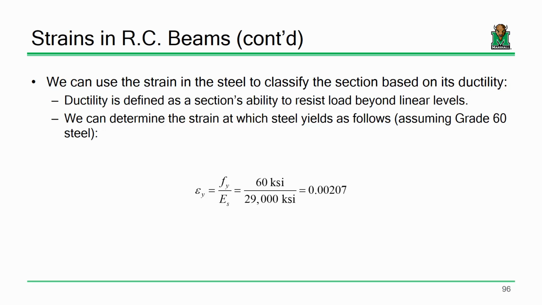Pretty straightforward: just take Fy and divide it by E. If I've got 60 KSI grade steel and Young's modulus is 29,000, then the strain at yielding comes out to be around 0.002. Make sense? We would then take that strain and compare it against what we're actually getting in the beam.